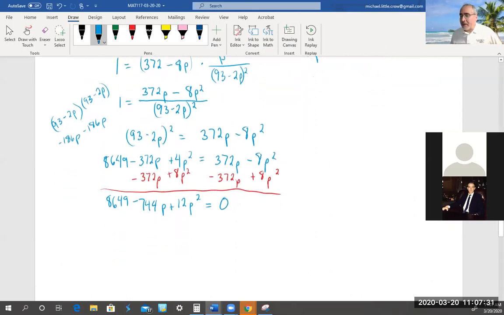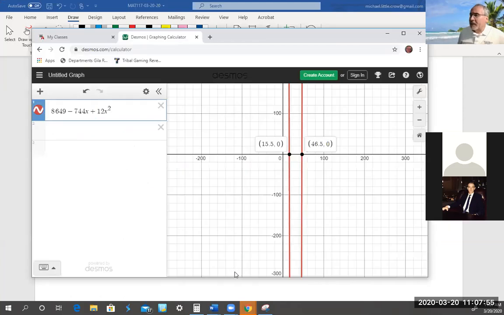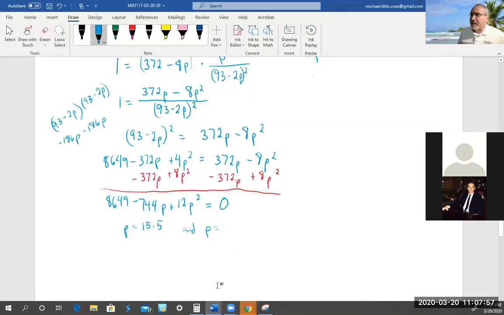So from the graph, we get P equals 15.5 is one place where this is true, and P equals, I guess we could try both of them and see if both work, but what was the other one? 46.5. So 15.5 and 46.5.